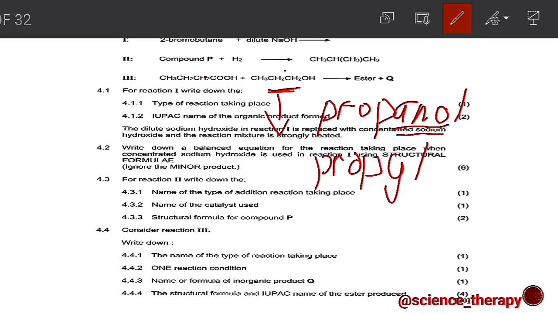And then let's check the carboxylic side. How many carbons in the carboxylic side? We have 1, 2, 3, 4. So we know that's butanoic acid.